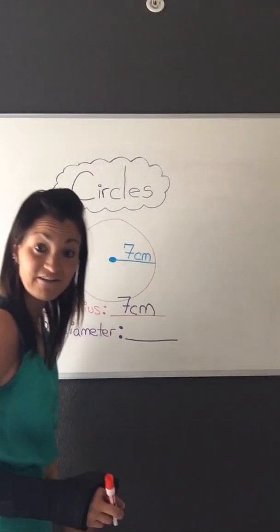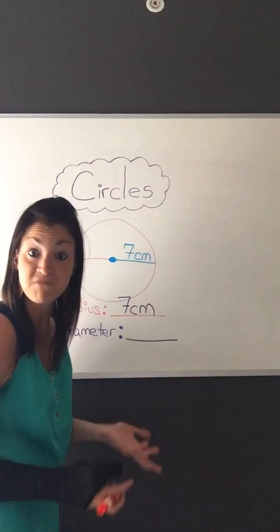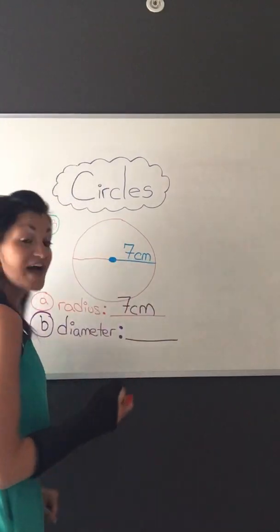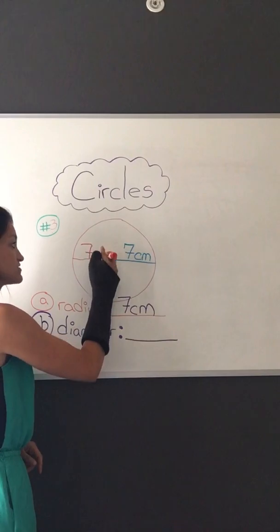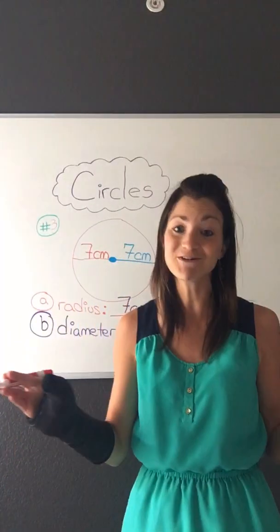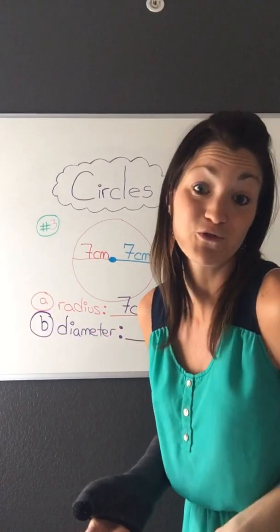If half is 7, how much would another half be? It has to be equivalent if it's exactly half, okay? So if that is 7 centimeters, then this red side has to also be 7 centimeters. So now when you're looking for the diameter, or the entire distance from one side of the circle through to the other, you would add or multiply by 2.